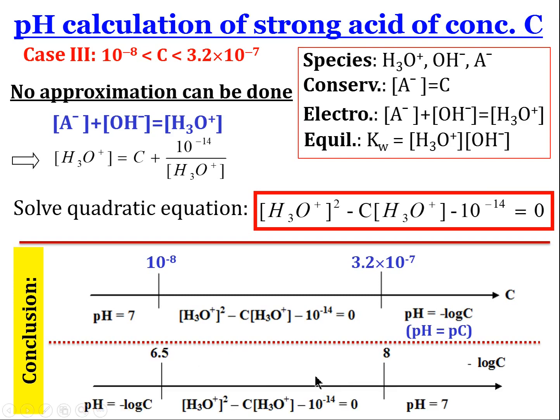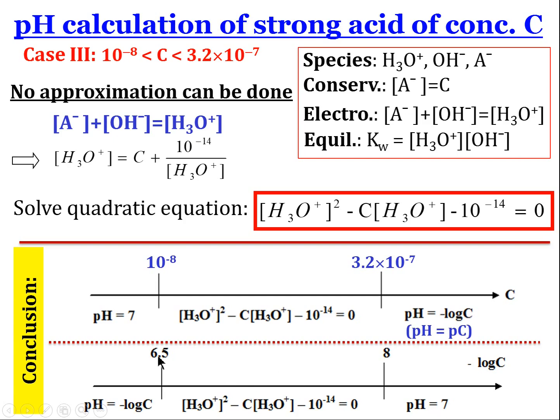We can write this domain of concentration according to minus log C. So if minus log C is less than 6.5, or if C is greater than 3.2 10 minus 7, the pH equal minus log C. If minus log C is greater than 8, or if the concentration is less than or equal to 10 minus 8, the pH of the solution equals 7.